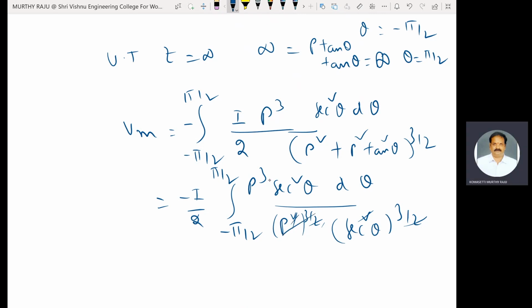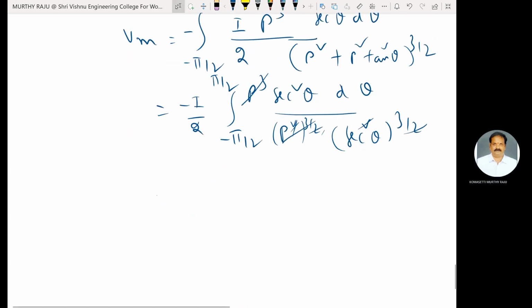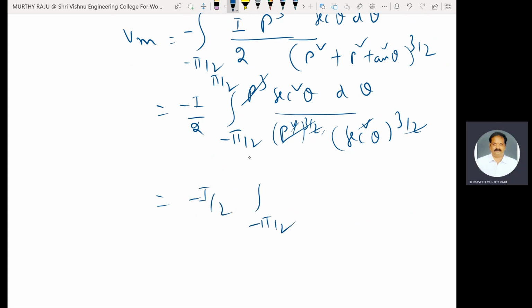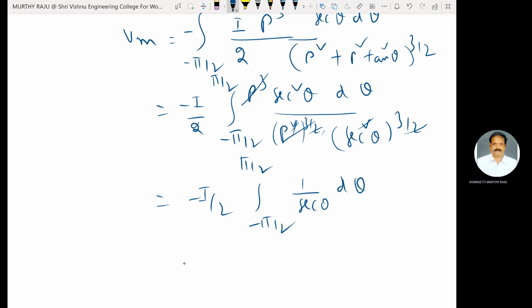This rho cube under this rho cube is cancelled. This one is secant square theta, this one is secant cube theta. For minus I by 2, integral from minus pi by 2 to plus pi by 2, secant square theta by secant cube theta, that is 1 by secant theta d theta.